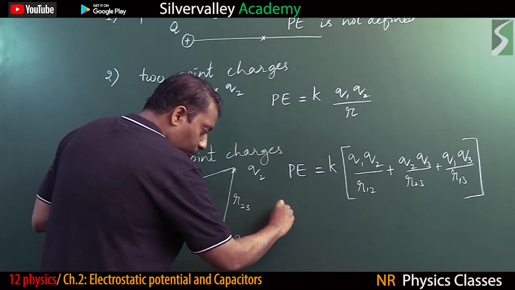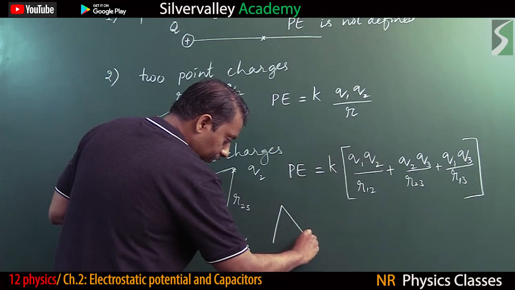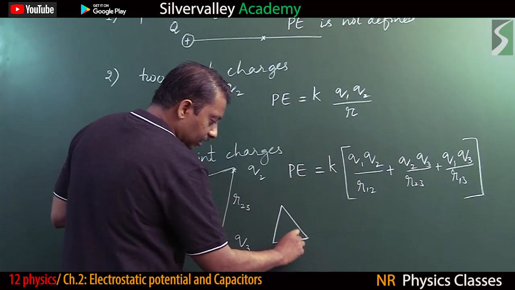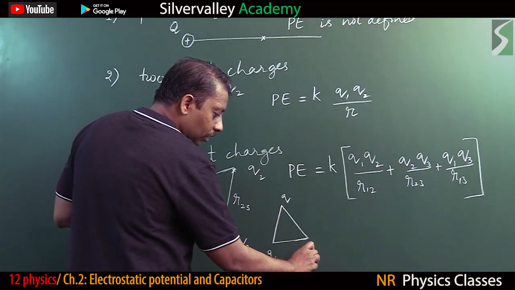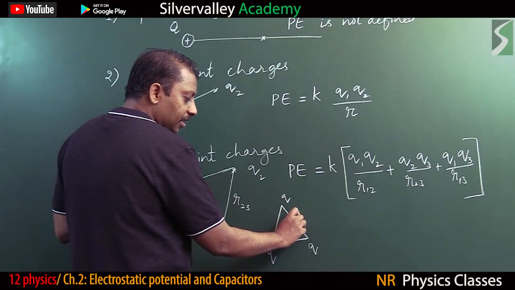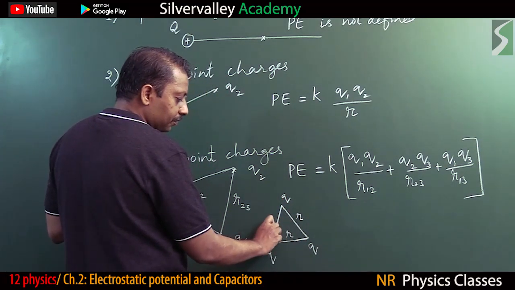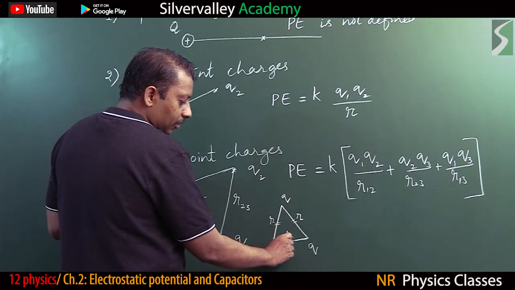Suppose the point charges are at the vertices of an equilateral triangle, and the charges are identical, Q, Q, Q, with distance R between them. The distances are equal.